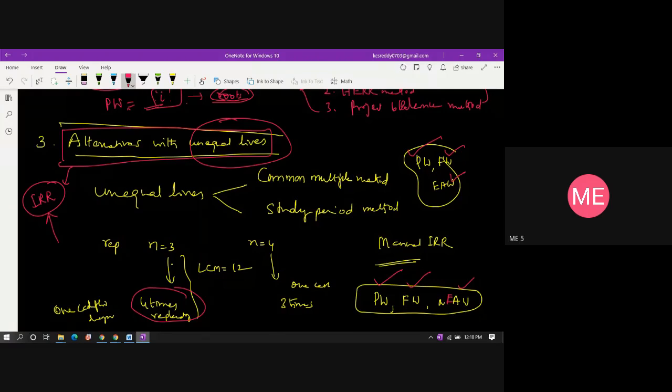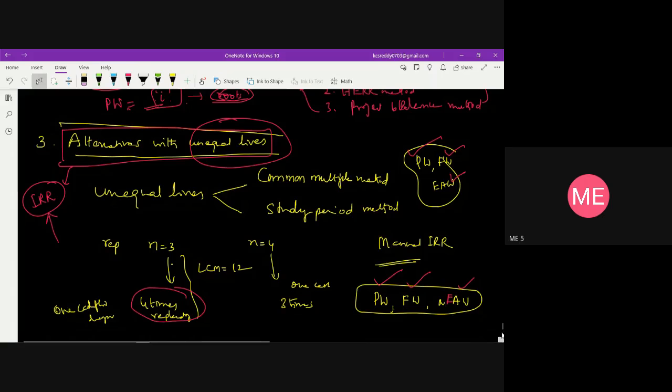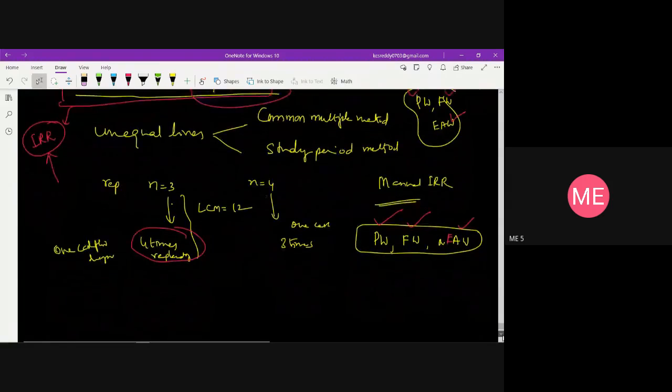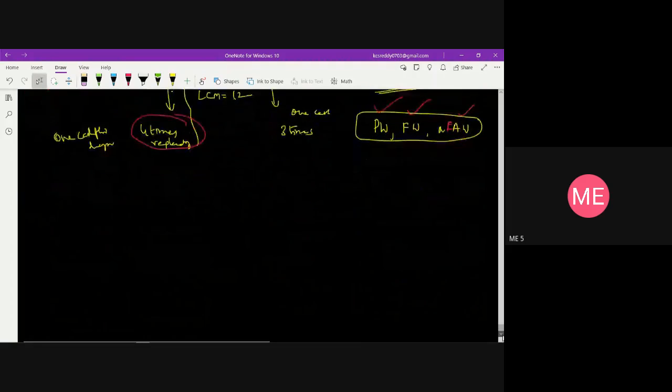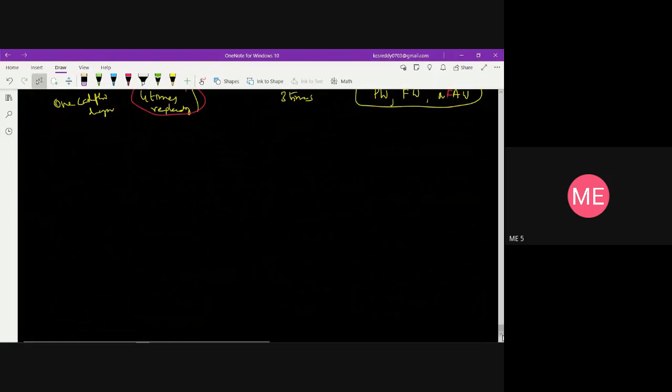That is why we have not discussed the IRR method with unequal lives. We have discussed only equal lives, because with unequal lives we have to use the other methods we have discussed till now: present worth, future worth, and equated annuity worth. Now we'll discuss one more concept called cost of capital.